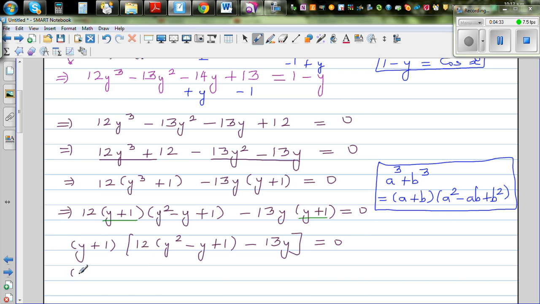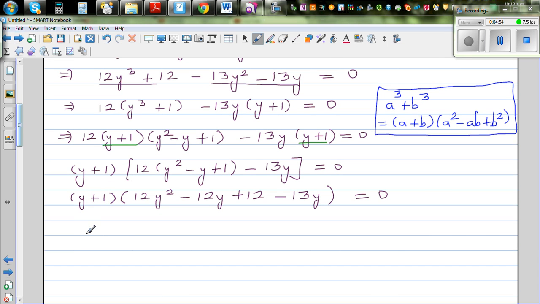Expanding this out, you will have 12y squared minus 12y plus 12 minus 13y equal to 0. So now the second bracket has become a quadratic.